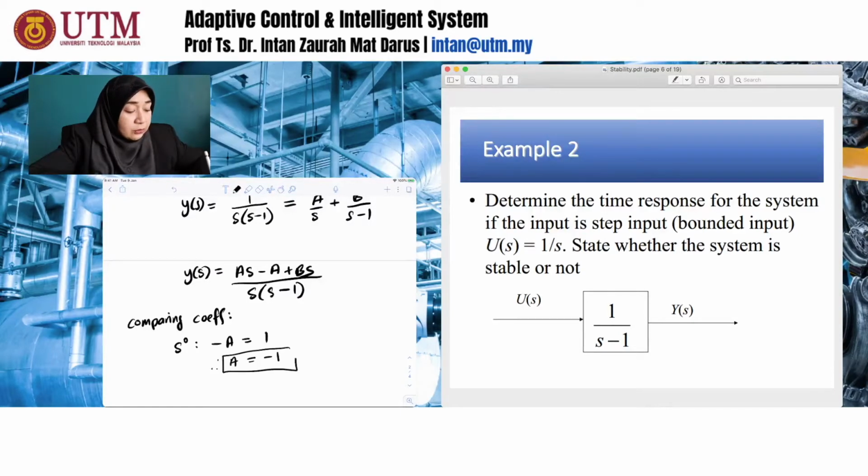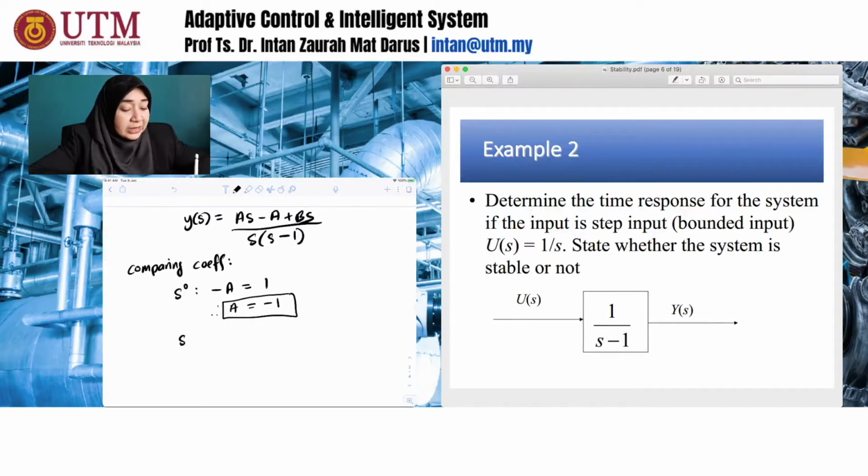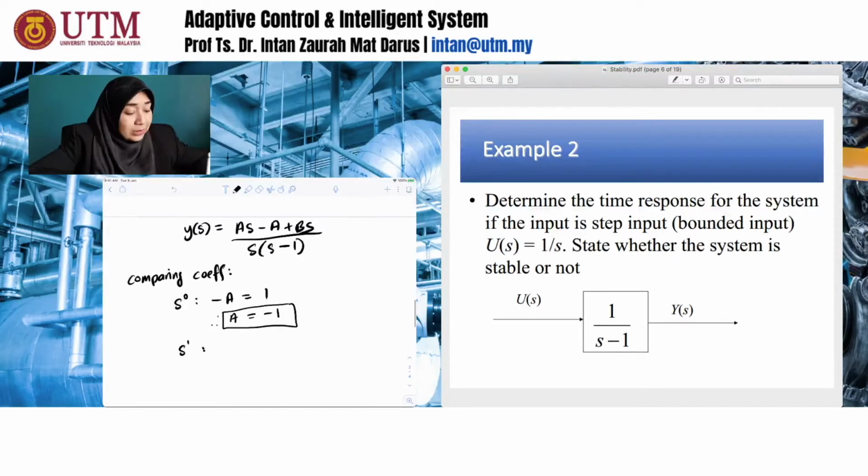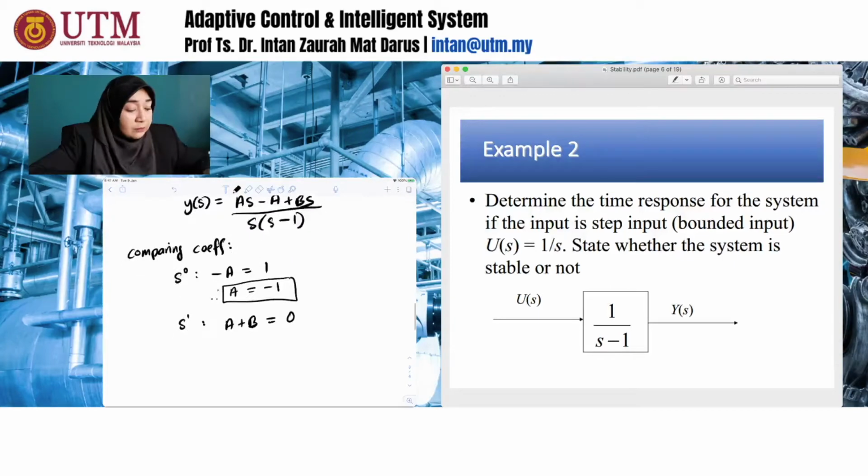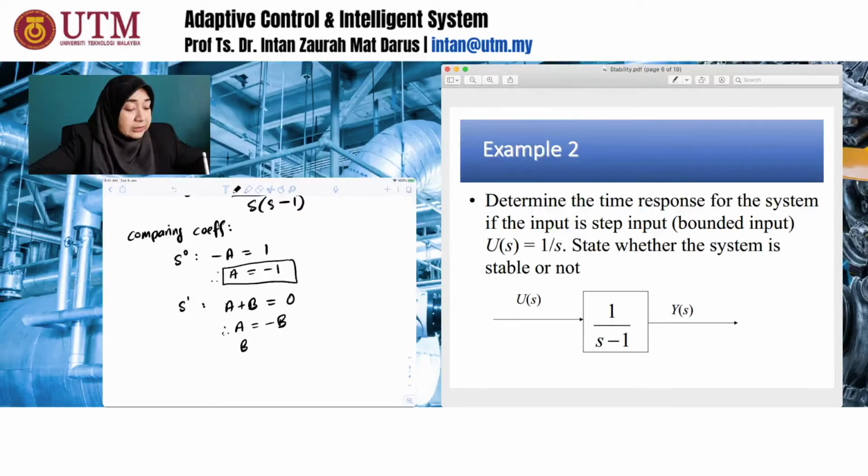Let's compare then s to the power of 1. On one side I will have a plus b, and on the other side I will have 0. So from there I know a is equal to minus b. Therefore b is equal to 1, since a is minus 1.